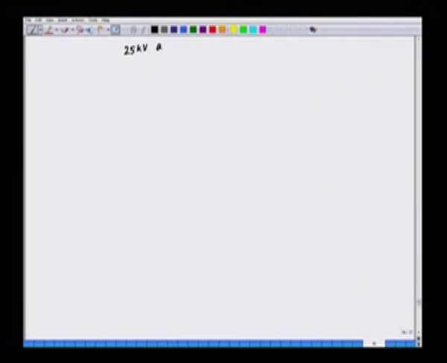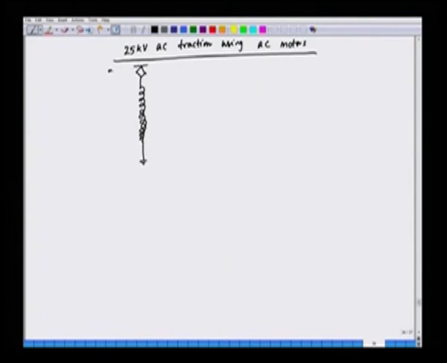25 kV AC traction using AC motors. So, what we have here is the following. We have the transformer here, it is 25 kV.